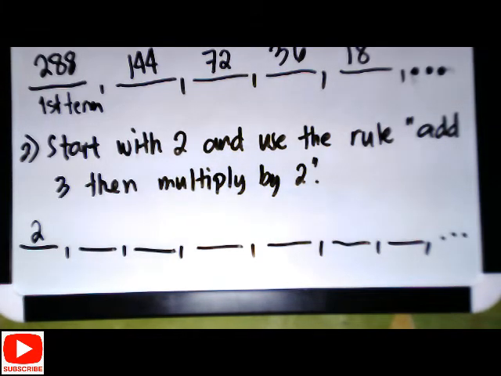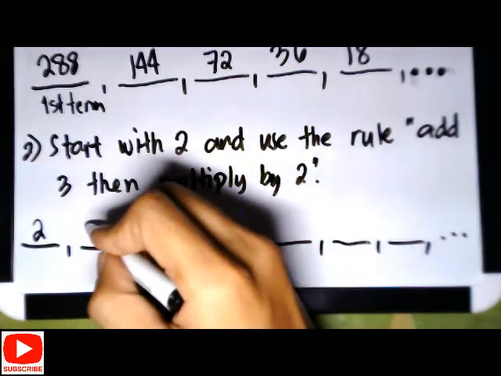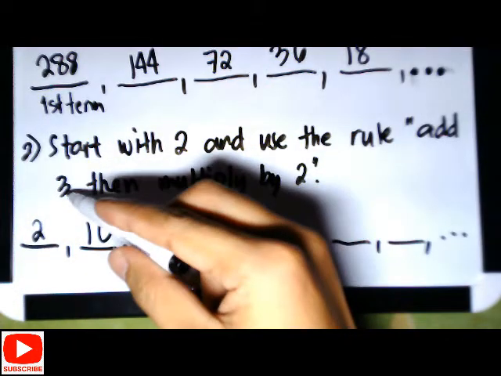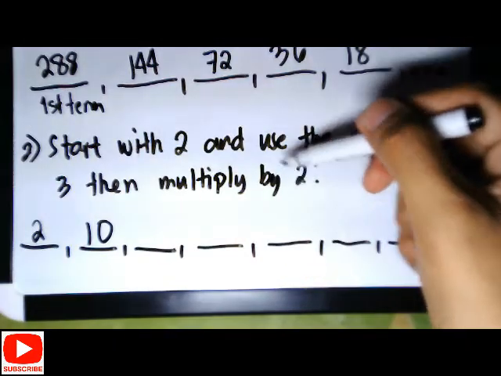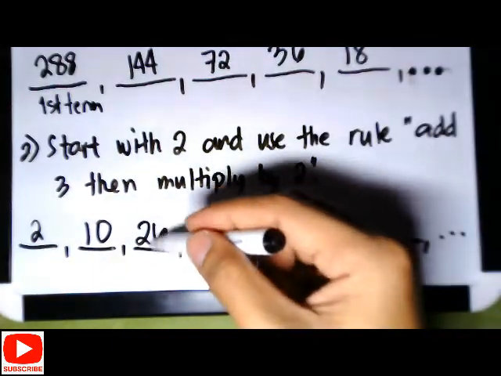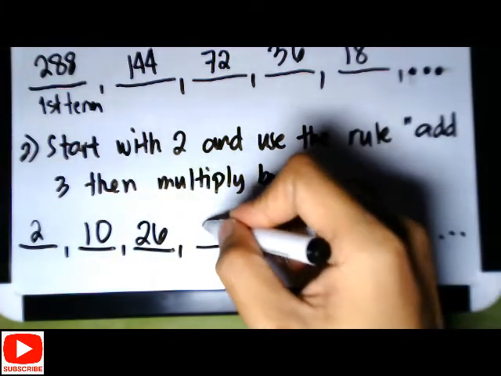Since the rule is we will add 3 then multiply by 2, 2 plus 3, that is 5, times 2, that is 10. Next, 10 plus 3, that is 13, times 2, that is 26. 26 plus 3, that is 29, times 2, that is 58.